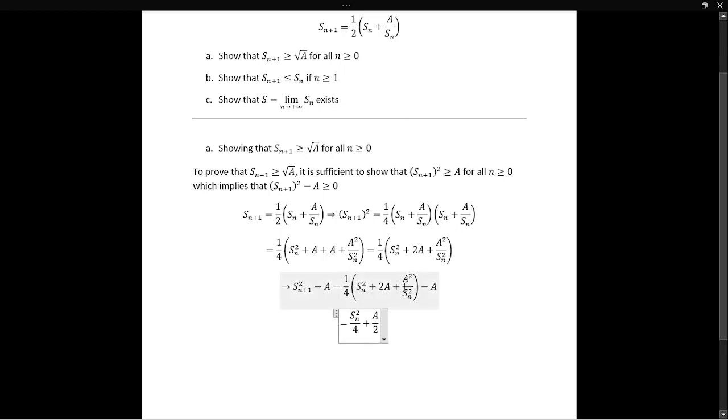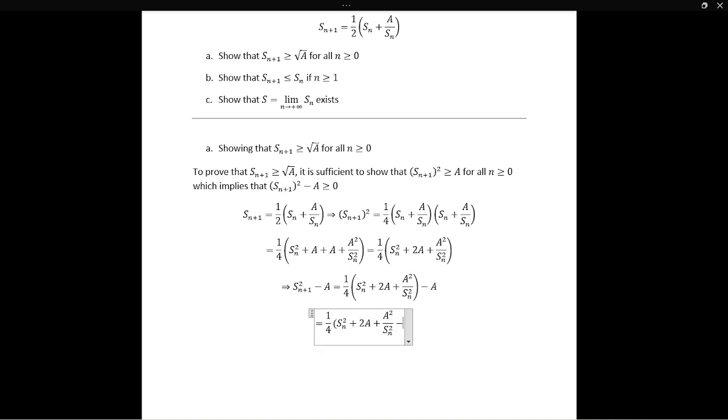Rather than doing this, let's just factorize 1/4. When we factorize 1/4 from this term, we just get what is here. Then when we factorize 1/4 from a, we get minus 4a, since the minus sign is there.